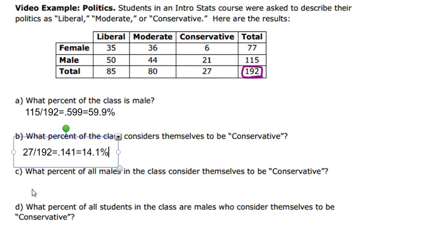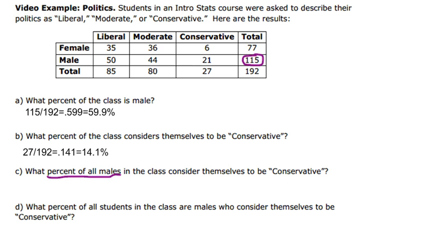Now C is a little bit different, so you need to be careful. This one specifically asks what percent of all males in the class. So here we're not looking at the grand total because we're not looking at everyone in the class. Here we're looking at the percent of males, so we're going to be taking our total out of 115.